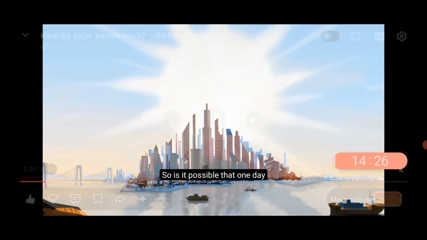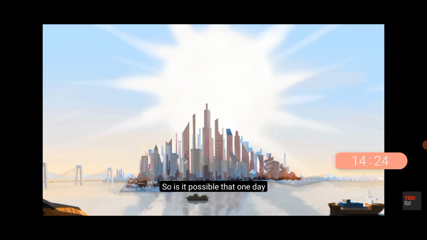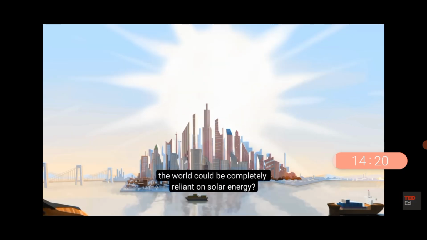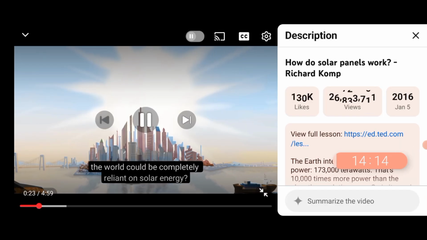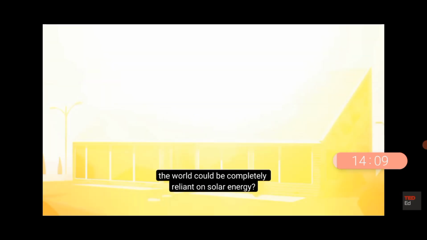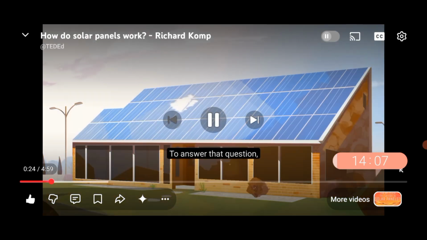So is it possible that one day the world could be completely reliant on solar energy?